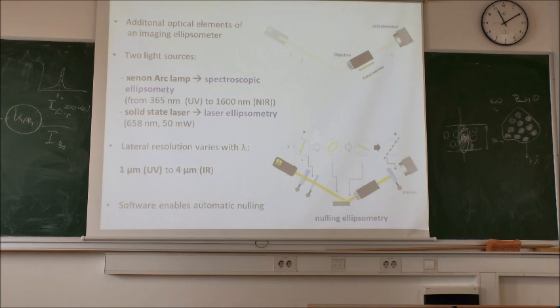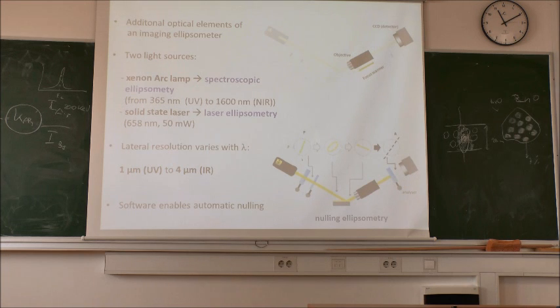But usually the compensator is fixed at a certain angle, while polarizer and analyzer are rotated. From the relative angles, we usually then obtain psi and delta values.